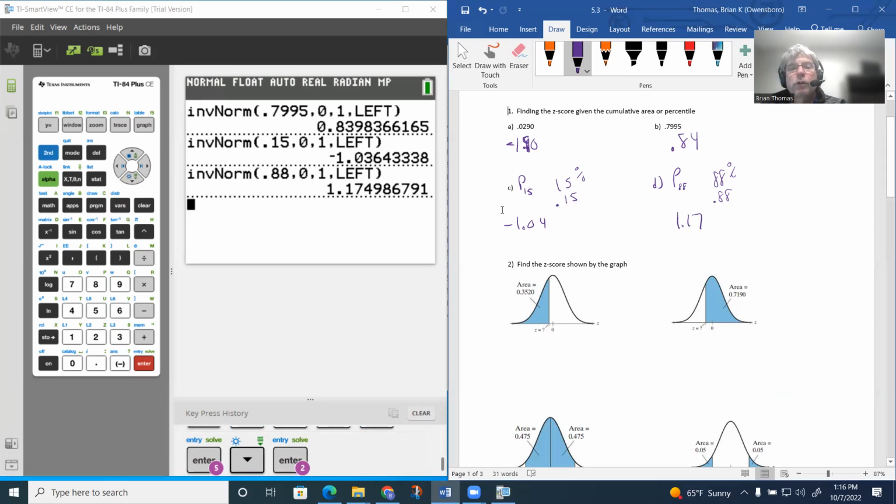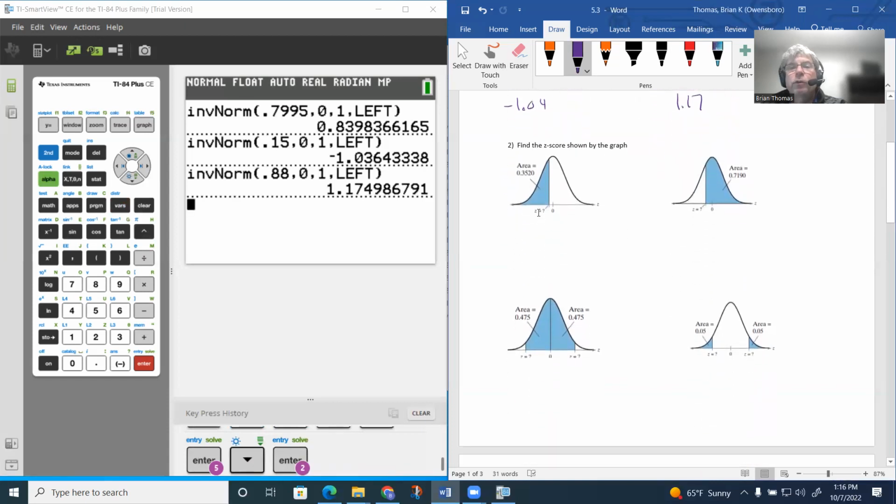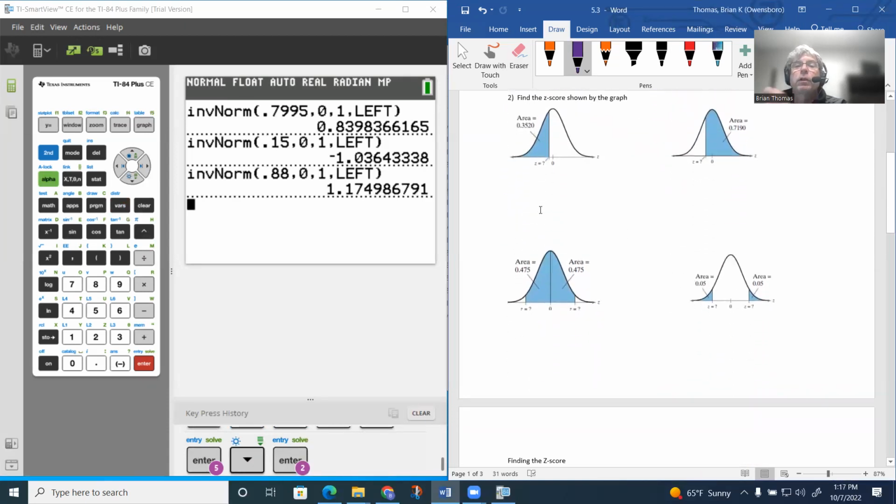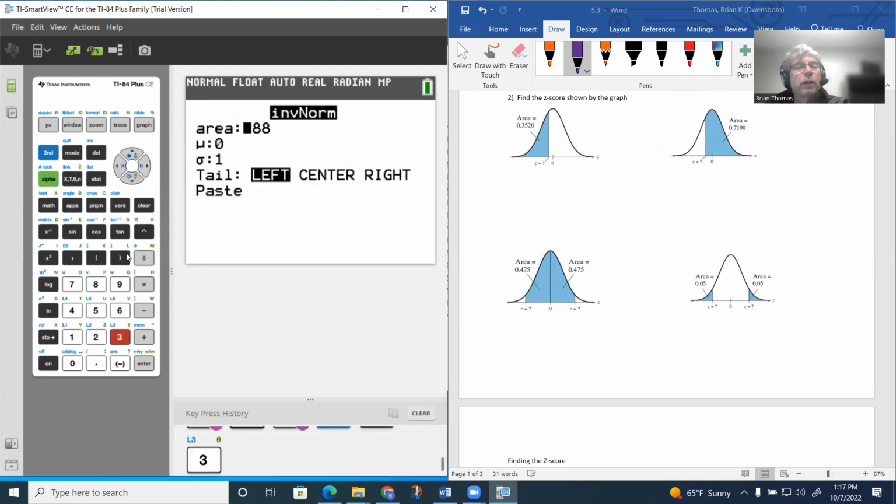Okay. So the next example is find the z-scores shown by the graph. Again, the cumulative area is going to our left. So all I have to do is use my inverse normal again and type in 0.3520.